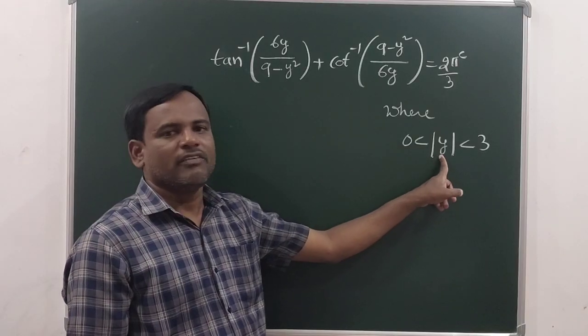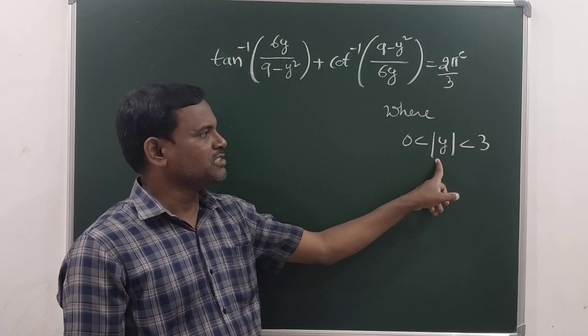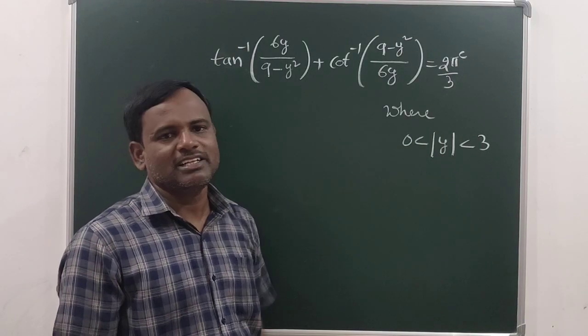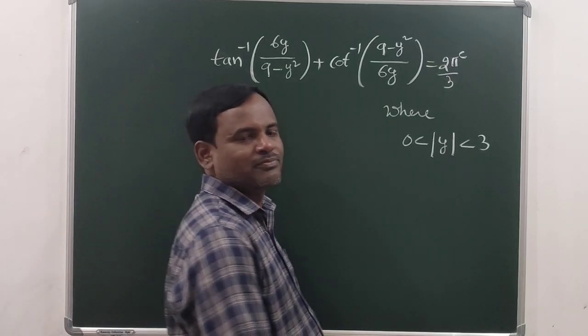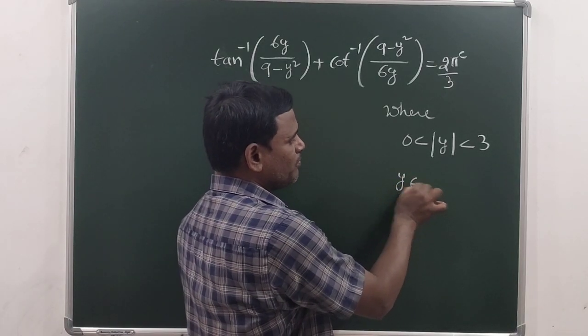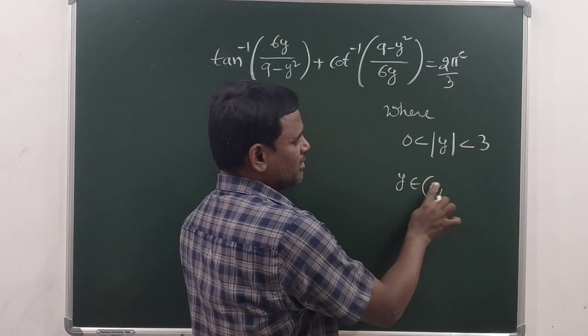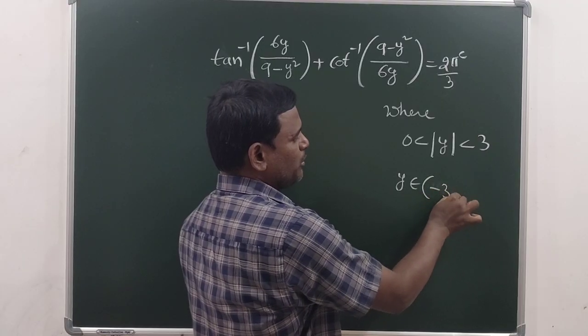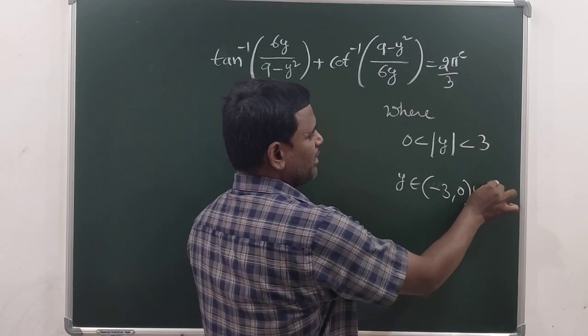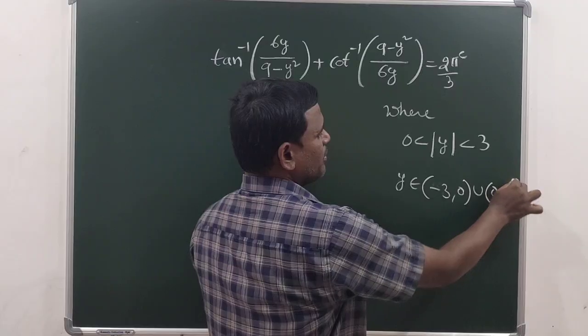See, how is y? 0 less than mod y less than 3, which means that y belongs to open interval of minus 3 to 0 union 0 to 3. You know.